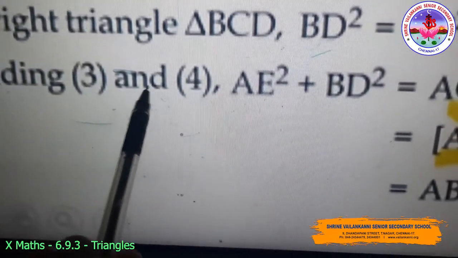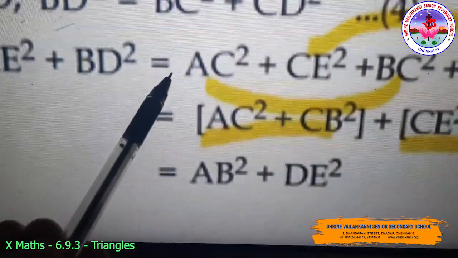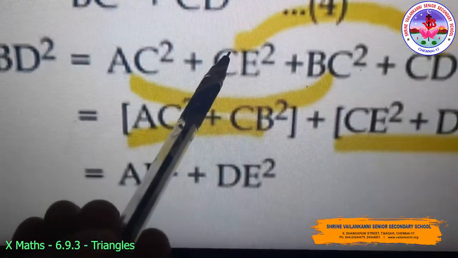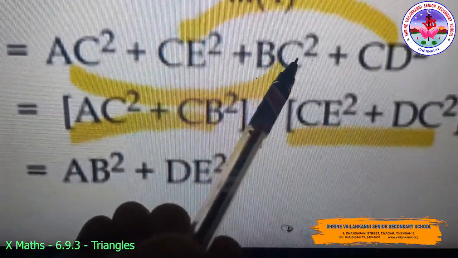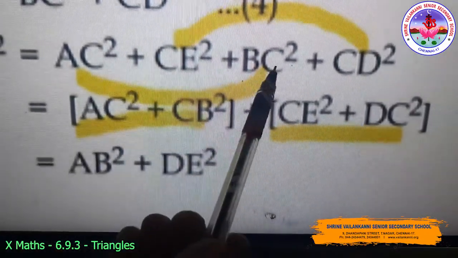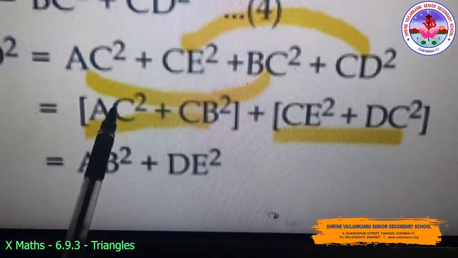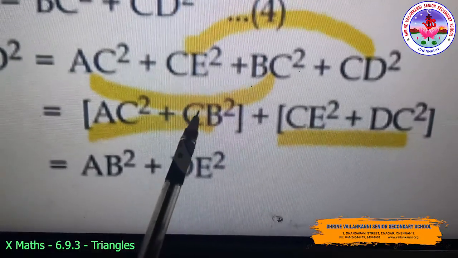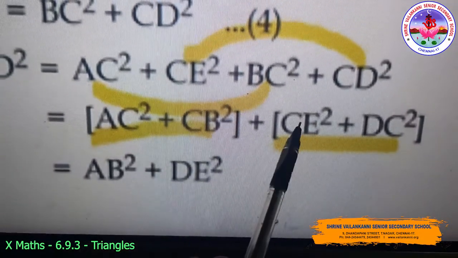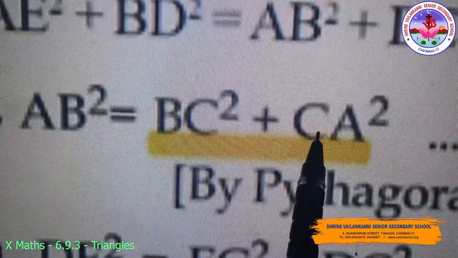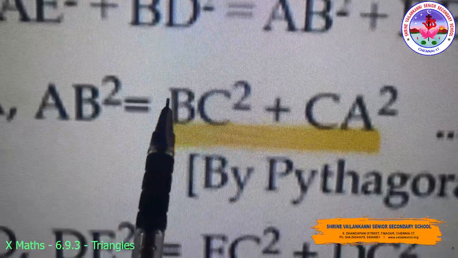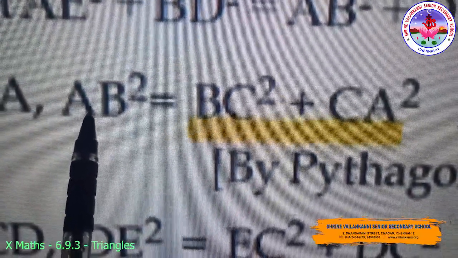Adding equations 3 and 4, I get AE squared plus BD squared is equal to AC square plus CE square plus BC square plus CD square. So I am going to join AC squared with BC squared and CE squared with CD squared. I am writing separately here AC squared plus CB squared in a bracket, plus CE squared plus DC squared in a bracket, where AC squared plus BC squared from equation 1 is equivalent to AB squared.